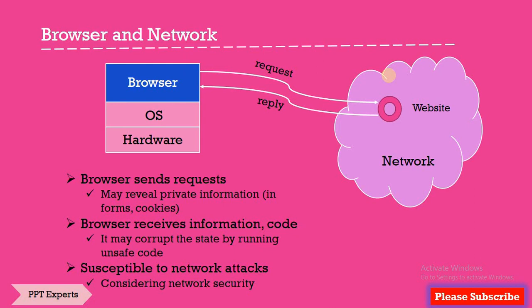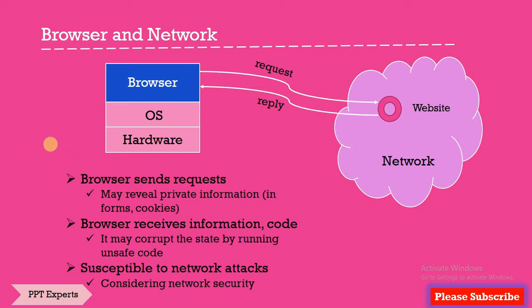So this is how the browser works. Firstly, we have the hardware like a desktop or a laptop in which there is an OS. OS will be any type of OS, Windows, Apple Mac, or Linux, Unix operating system, and then on that machine there will be a browser installed.